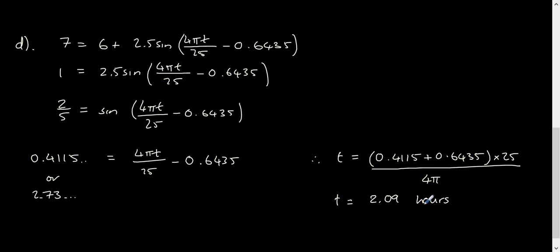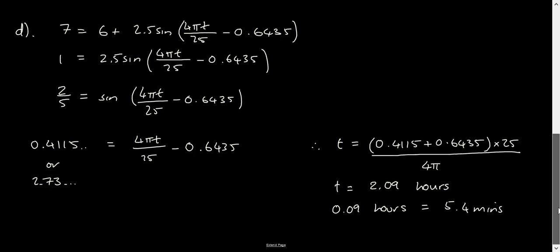Now 2.09 hours after midday, well, we need to find 0.09. So 0.09 hours is how many minutes? We just multiply that by 60. Now we get 5.4 minutes. So 2 hours, 5.4 minutes after midday. The time is 14:05 to the nearest minute.